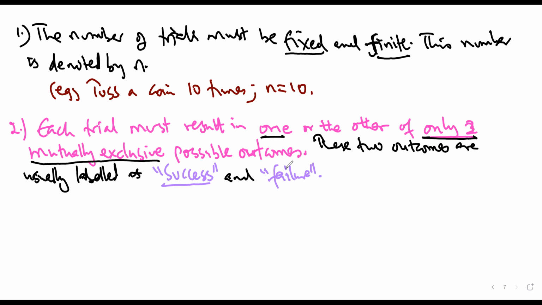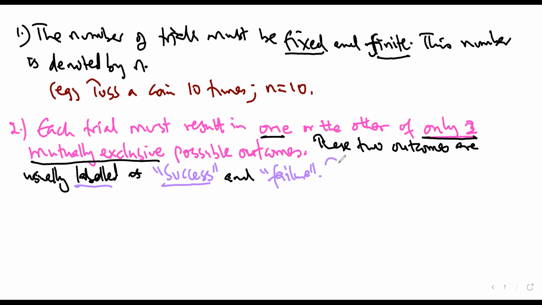For instance, if you are inspecting the quality of goods produced, and you are interested in finding out the number of defective items, then a defective item or a defect is a success outcome in this case. So the words success and failure are just labels, and they do not have literal meaning.